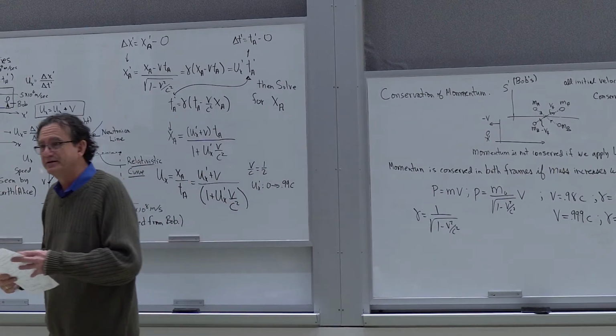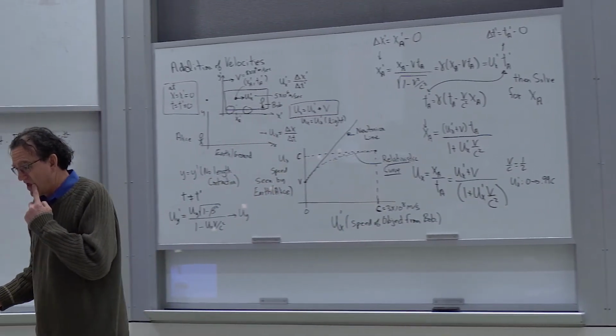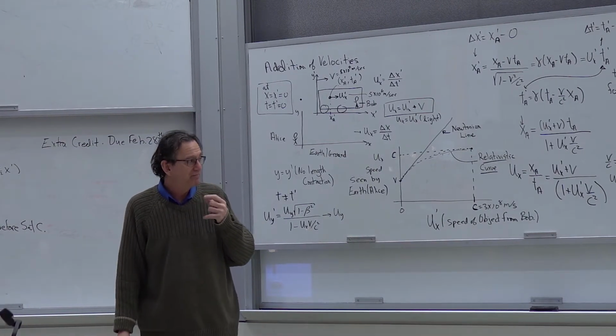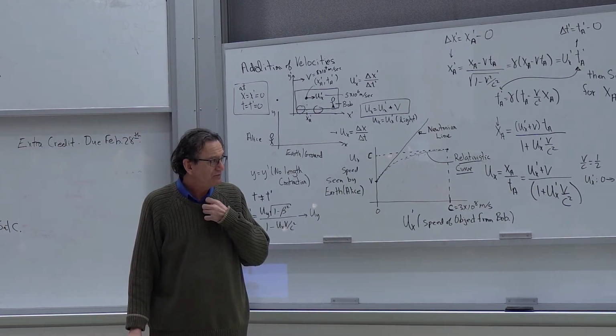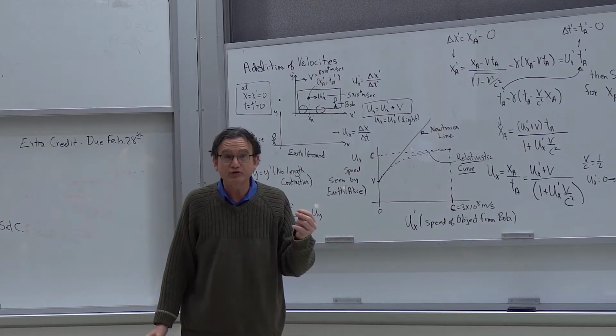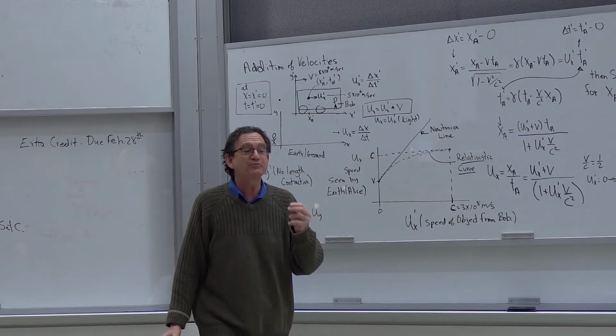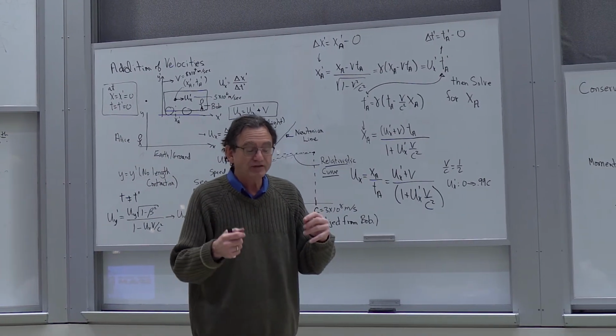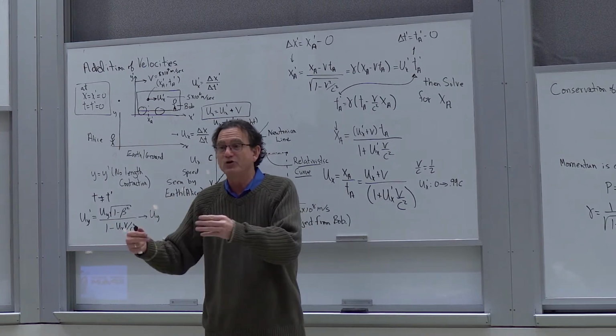Would that be true in your reference, or would that be true in the object's reference? Because you're viewing it, it's getting shorter, so it's true in your reference. In the object's reference, remember the rest frame, nothing changes. It's like Bob riding on the rod going into the barn.